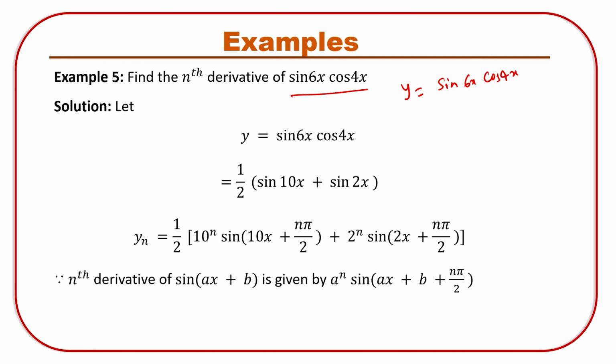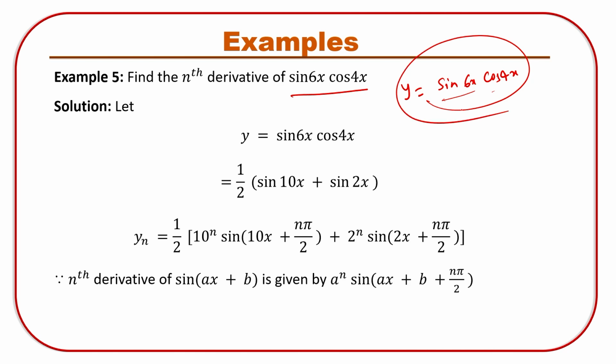So, we can treat this as y equal to sine A into cos B, and since it is a product of two trigonometrical functions, we can convert it into a sum or difference of individual trigonometrical functions. That is our idea. So, we use that.